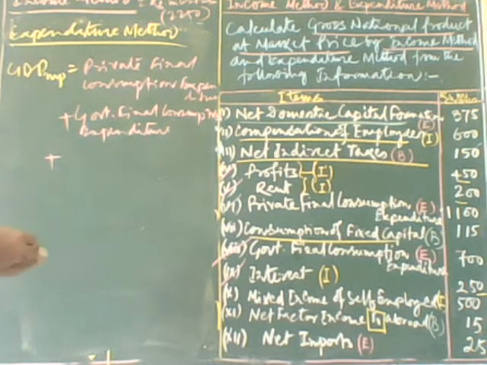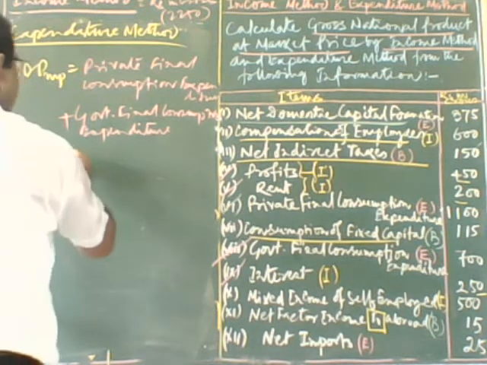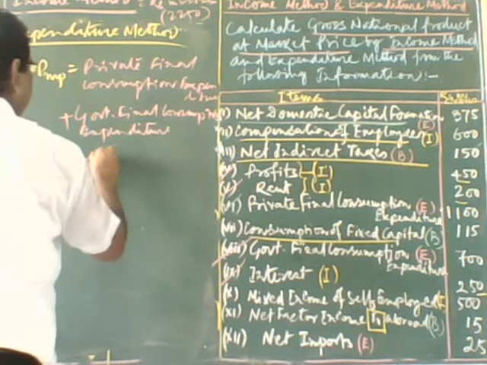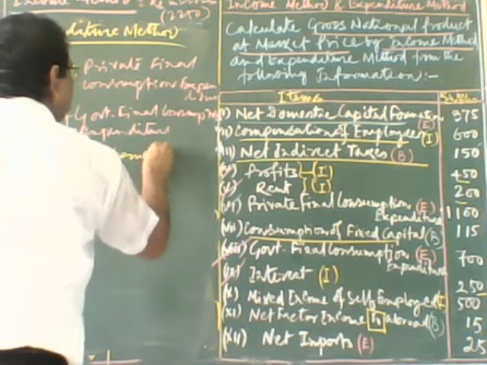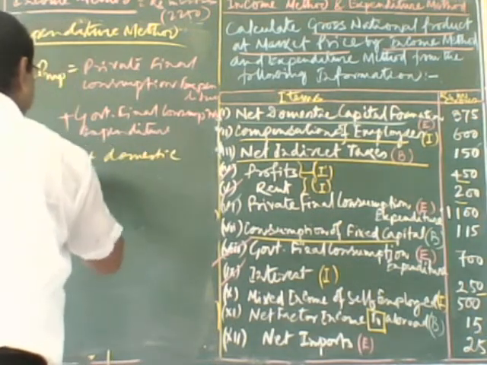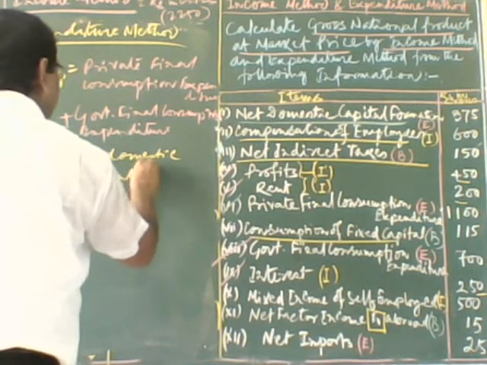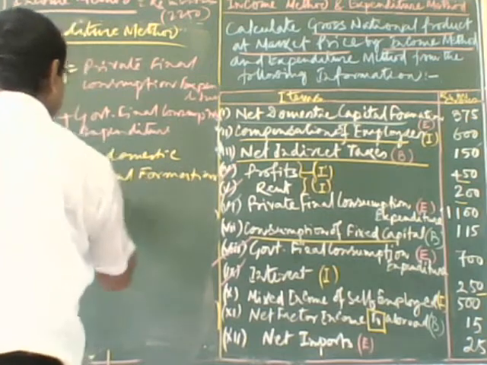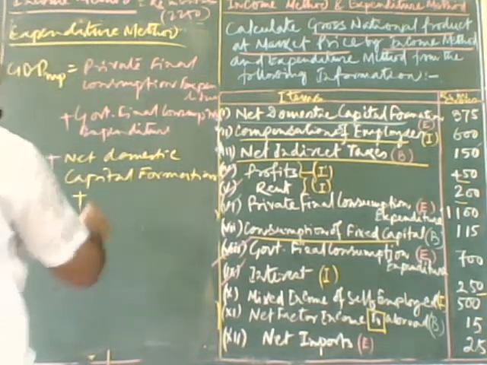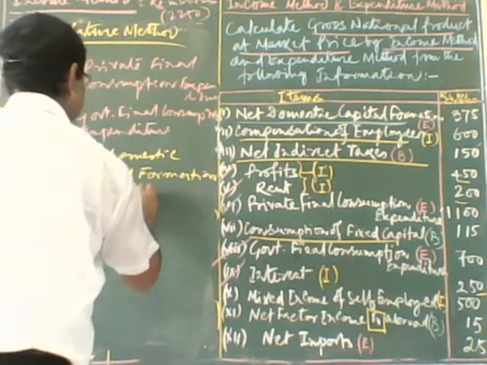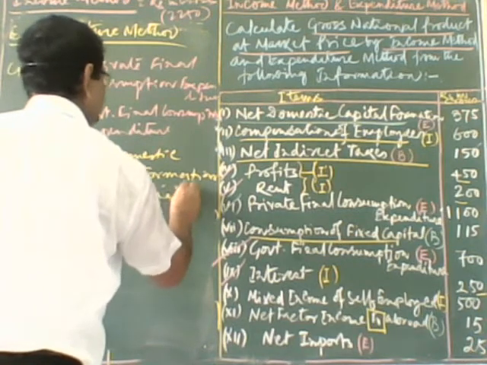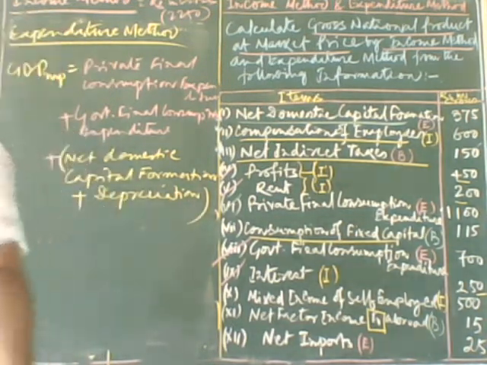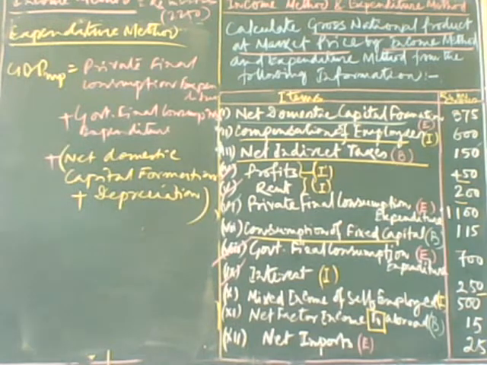So here you have to write net domestic capital formation plus depreciation. This value is gross domestic capital formation.